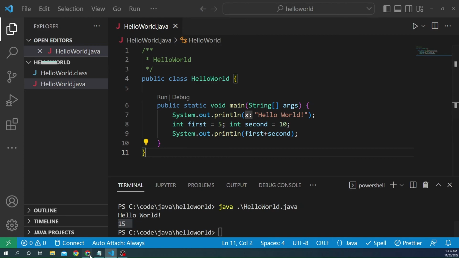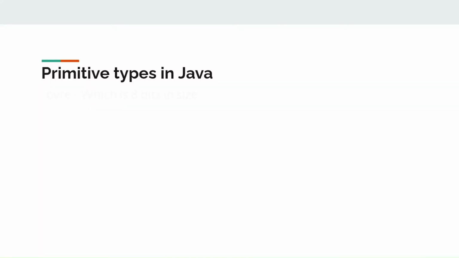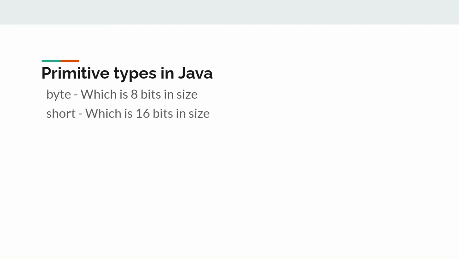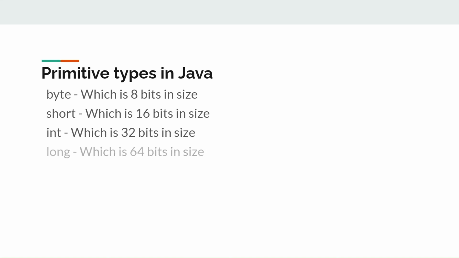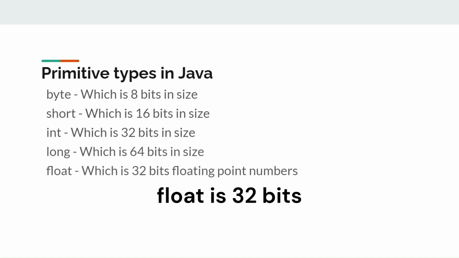In terms of primitive types in Java, it starts with byte, which is 8 bits in size, and then short, which is 16 bits in size, int, which is 32 bits in size, which we have just seen, long, which is 64 bits, and then float, which is 32 bits, but it's a floating point number, meaning it has a decimal point.